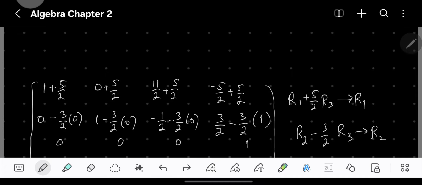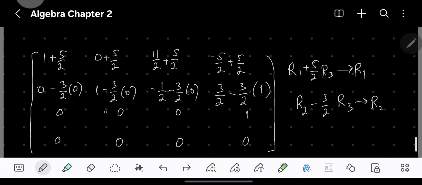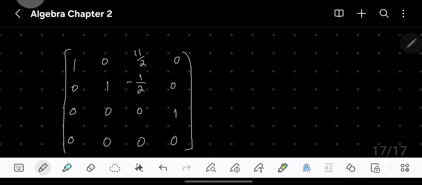What is R3? R3 is 0, 0, 1. So 0 here, 0 here, 0 here, and 1 here. If I simplify, what do I get? This is the answer after simplification.